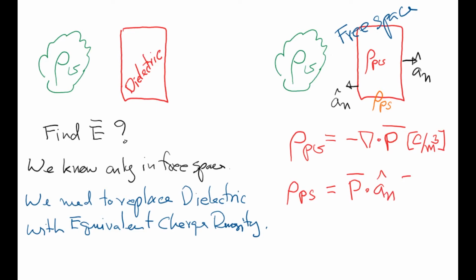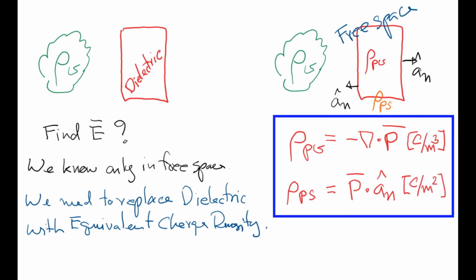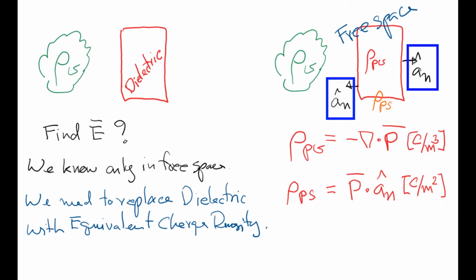Its unit is coulomb per square meter. The equations for equivalent charges are shown here. A sub n is a unit vector pointing outward from the surface of the dielectric. This equivalence can be proved, but we will skip it for now.